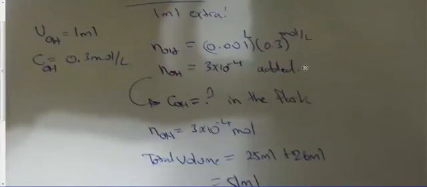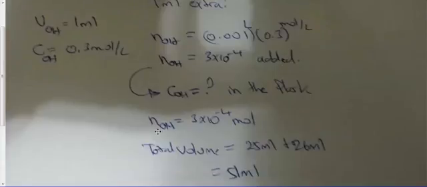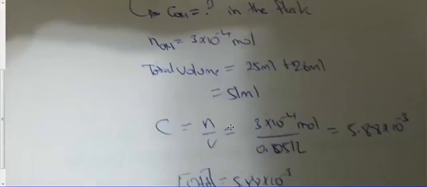Now we've added this many moles. Now we can calculate the concentration of OH we actually have in the flask. We know the moles of OH in the flask is this much, and the total volume is 25 from the original plus 26 because we added 26, so the total volume is 51. Concentration is just moles over volume, which is the moles of OH added divided by total volume, which is 5.88 times 10 to the negative 3.